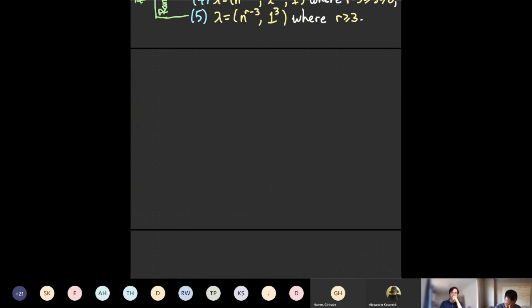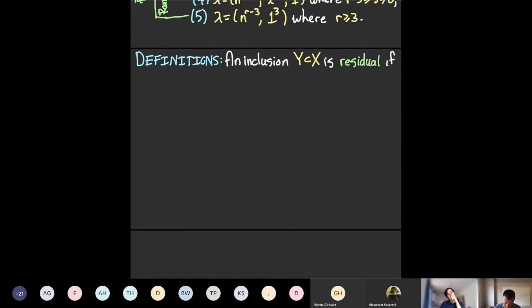So first, some definitions. The first one is actually quite classic. I don't even know who first defined it. It's been around in algebraic geometry for such a long time. So we'll say an inclusion of two projective varieties, Y sitting inside X, is residual if there exist two things.